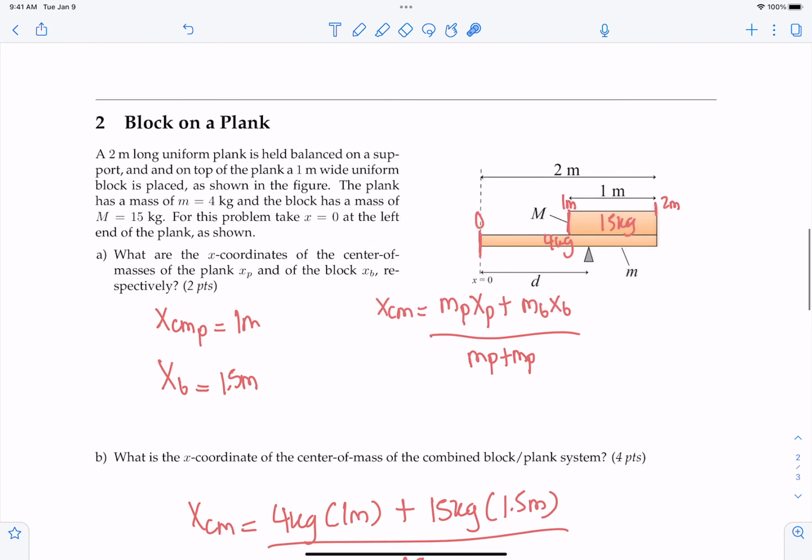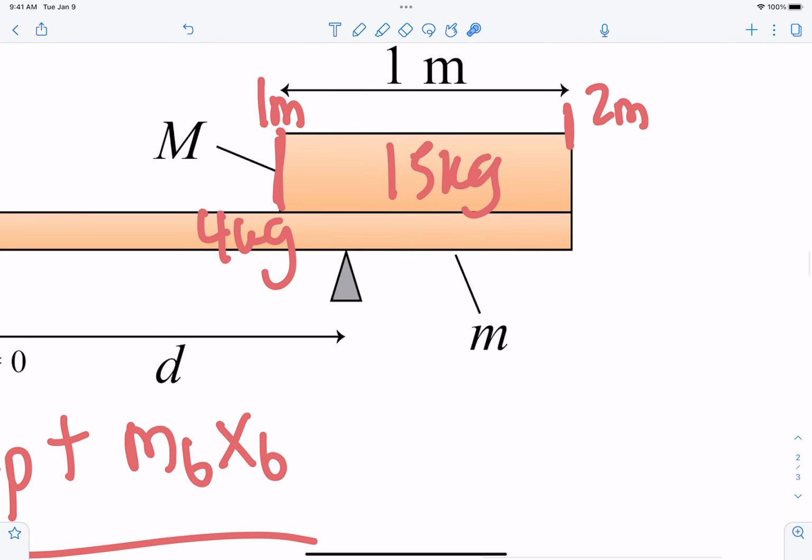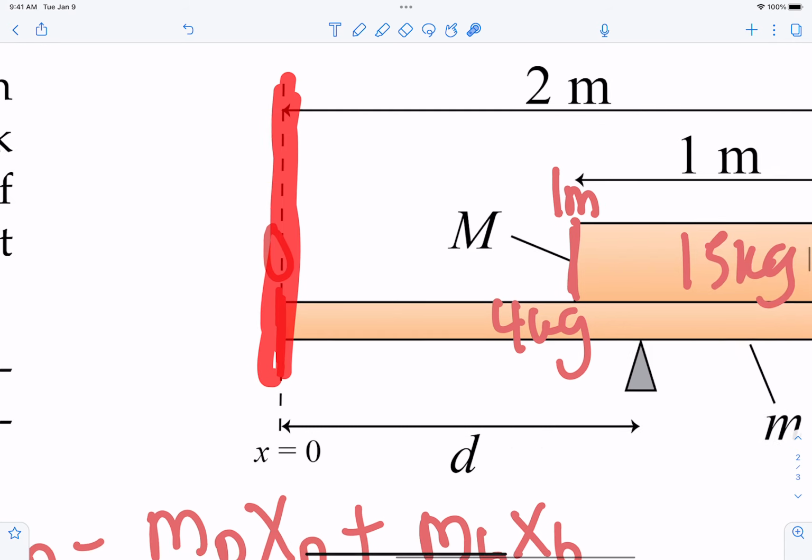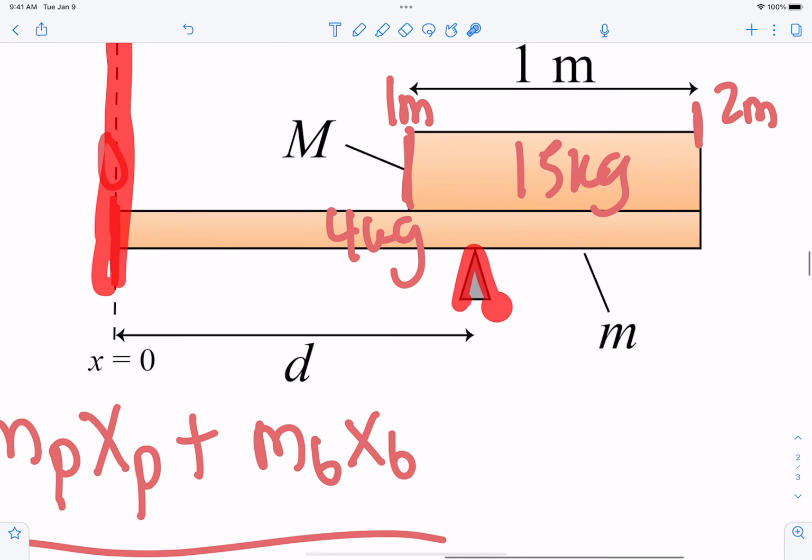Basically we have to identify: is the block going to rotate at all? And if it does rotate, is it counterclockwise or clockwise? So with regard to this pivot here, we can think about the pivot as what? This is just standing in the air, it's not connected. It's an arbitrary reference zero point. The pivot here acts as our what?